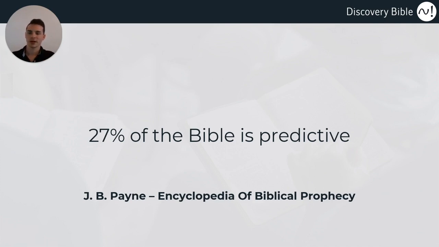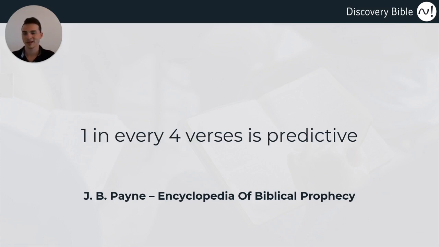We used the Encyclopedia of Biblical Prophecy as an initial guide because he goes through every verse of the Bible, tells you if it's prophetic and what it's referring to. And we used that as a guide of what we were going to display to the reader on the Discovery Bible. Another way of saying 27% is almost 1 in every 4 verses of the Bible has a predictive side to it.